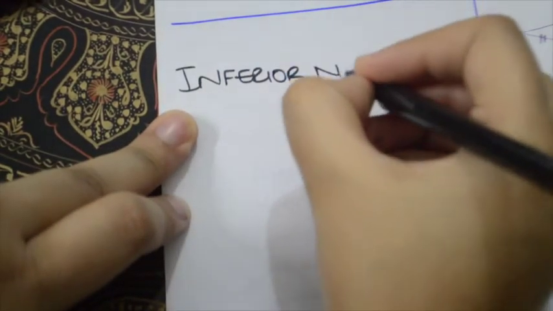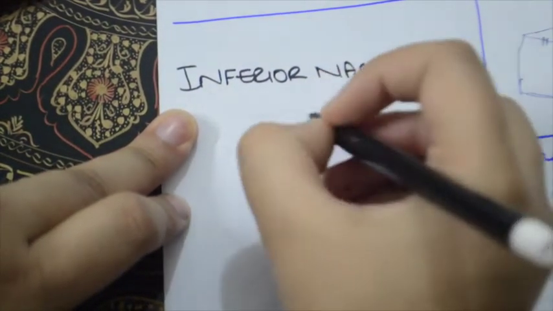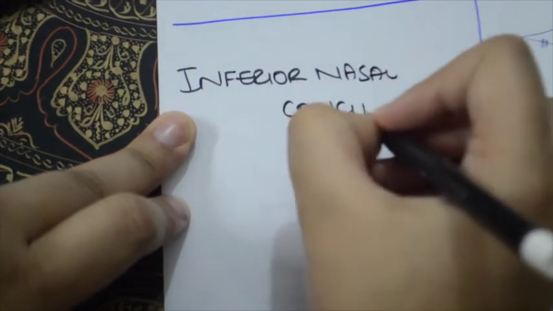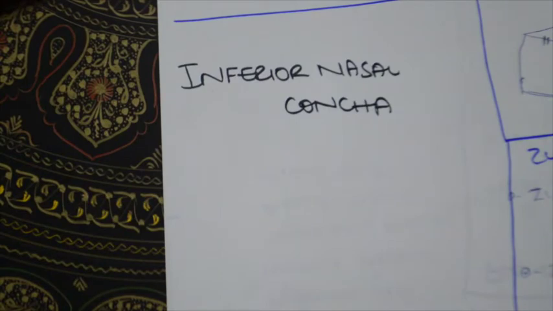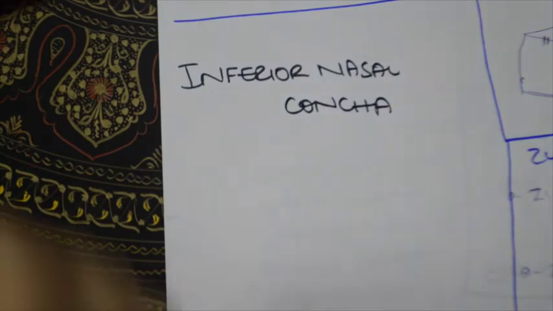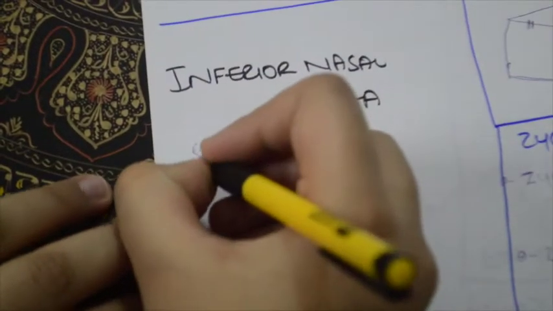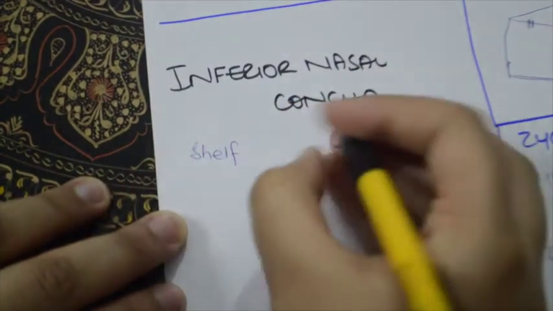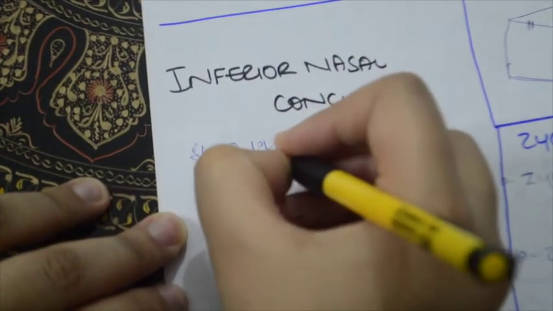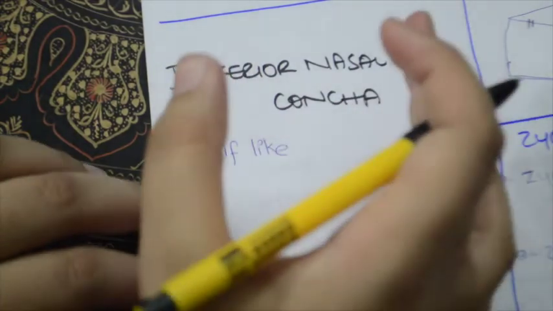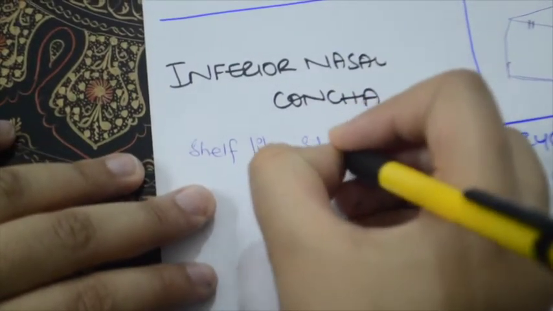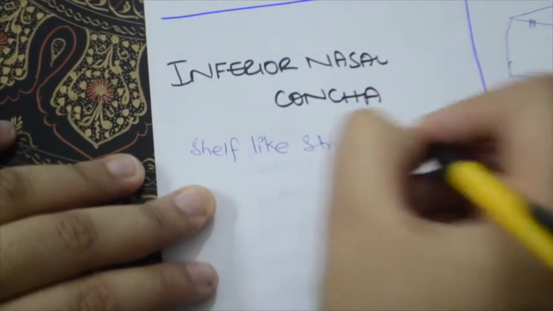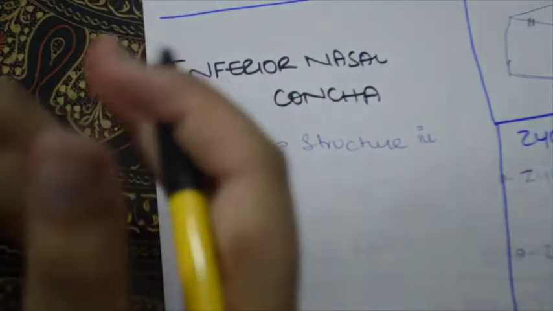So the inferior nasal conchae, we also did this, and the inferior nasal concha is a shelf-like structure. We saw it in the atlas as well. Just keep your atlas open while you study, because that's like the most important thing you can do, because that makes concept, that puts picture in your head.